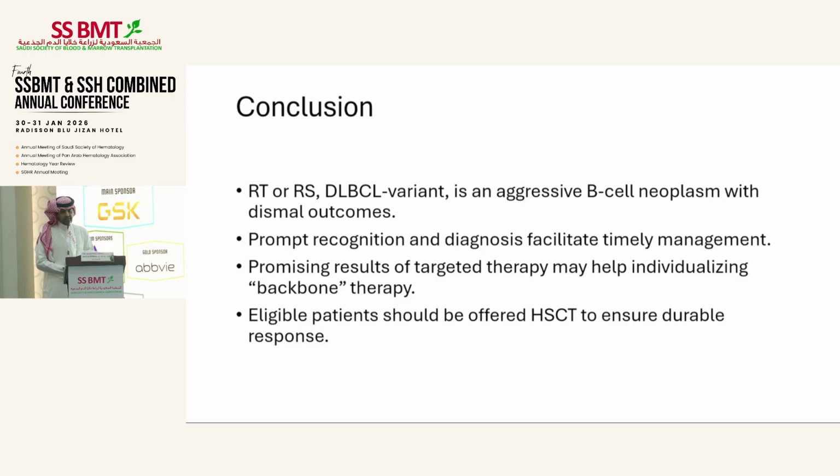We're all excited to see, when it is a randomized study, are we going to see similar outcomes or better or even worse? It's important to promptly recognize these cases and diagnose them earlier on, so timely management can be entertained, because we've seen how poor the outcomes were in those cases in the previous or older literature.